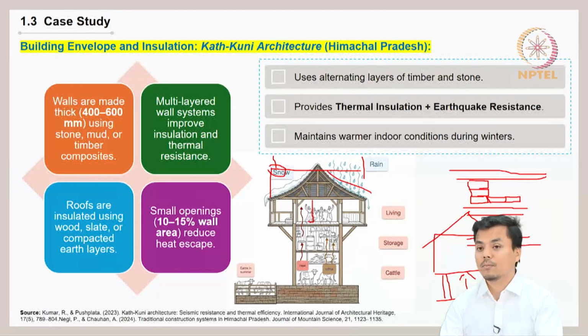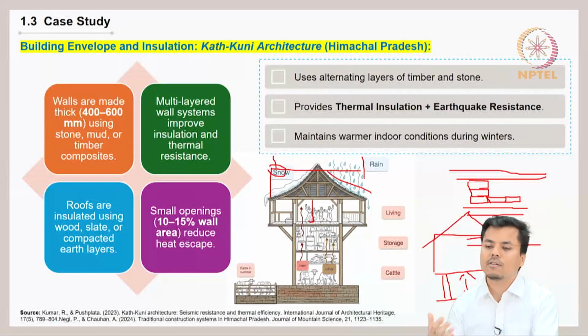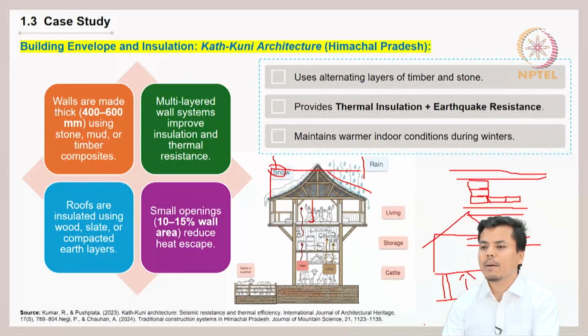The first, which I explained in previous slides, is that especially in the northeast there is too much rainfall and it leads to chances of flooding if it is not properly drained. So the water that is collected in floods, since the house is elevated, will not affect the people who are residing there.